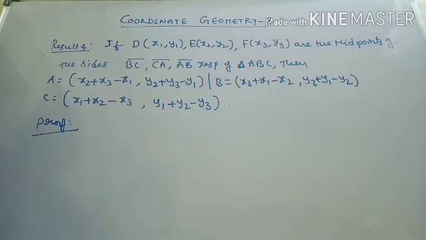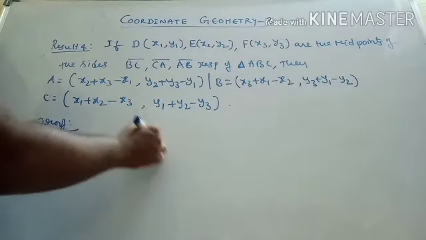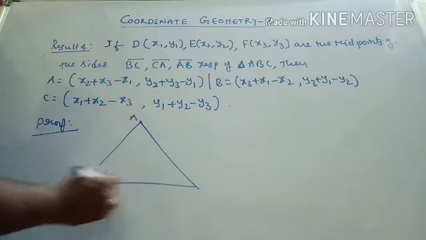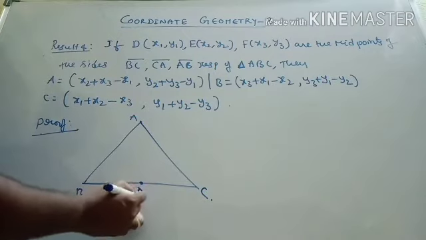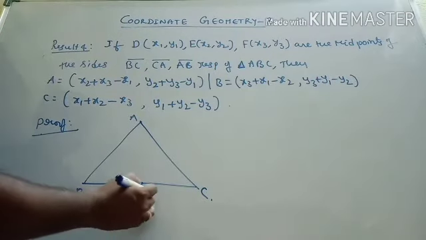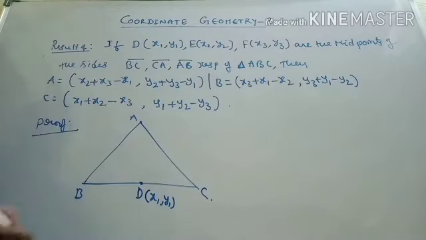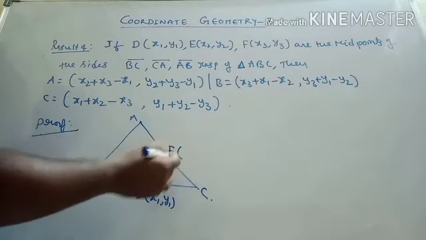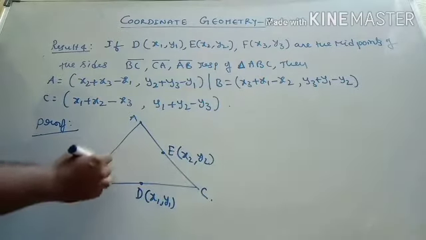We have triangle ABC like this. D is the midpoint of BC, given as (x1, y1), and E is the midpoint of CA, given as (x2, y2).